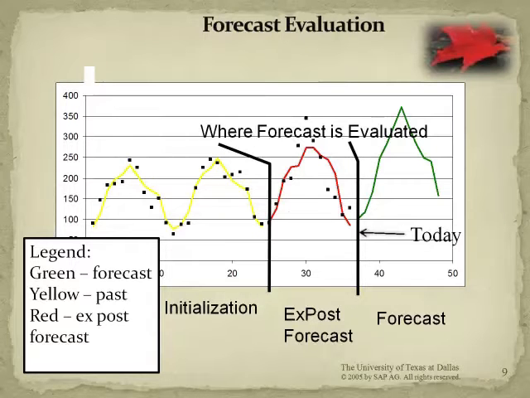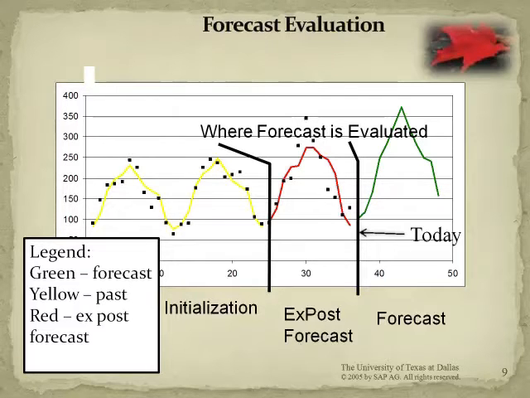Now, this slide shows how we go about measuring the forecast accuracy. Let's take a look at the graph and observe that there is a vertical bar labeled today. To the right of that, we see a green graph, and that represents our forecast.